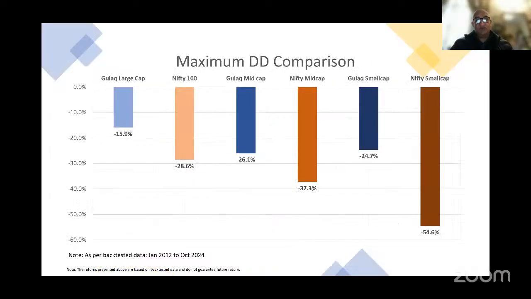Now, this is where we show you the maximum amount of loss that has happened in a 12-month period. So, in our blue shade, again, same large cap, mid cap, small cap: 15.9% down, 26% down, or 24.7% down.